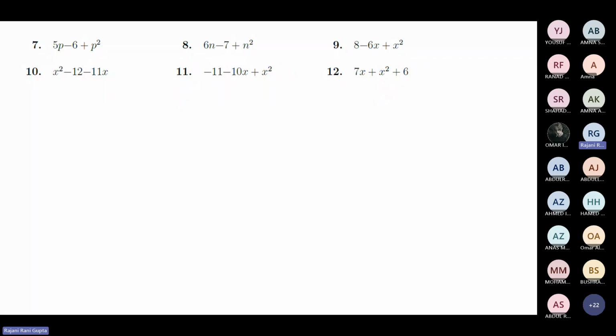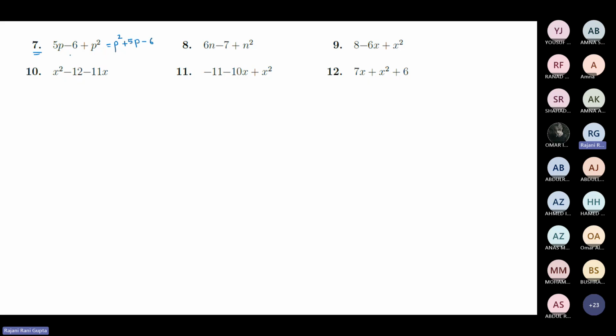Let's do one of the questions. Which one do you want to pick? See, what they usually do, suppose it is written like this. Don't think it's complicated. You just need to rearrange the terms. Write the power 2 term first, like p power 2. Then write the term with p. So 5, there is no sign, it means it's positive, minus 6.